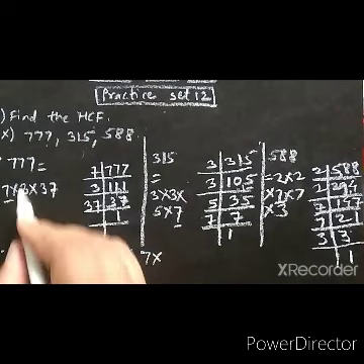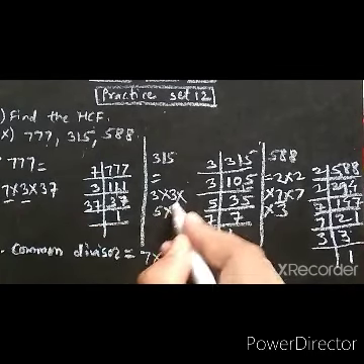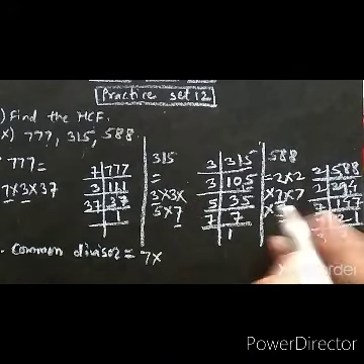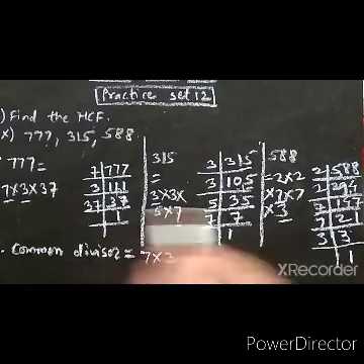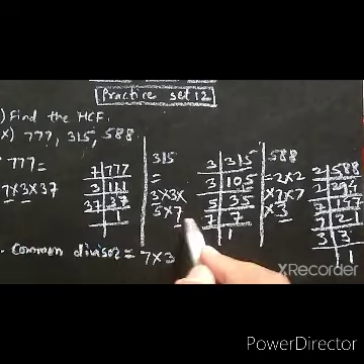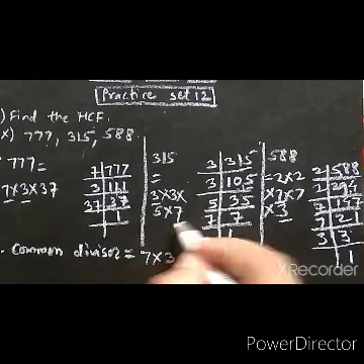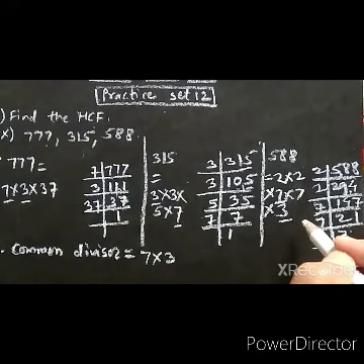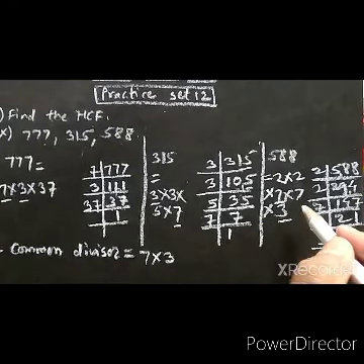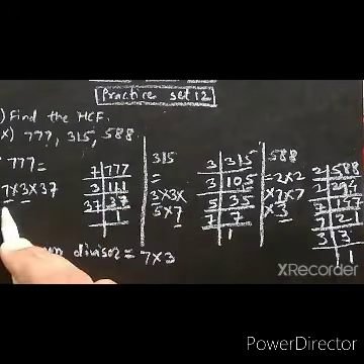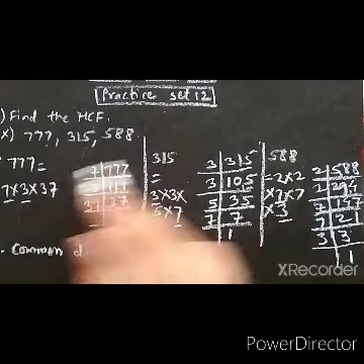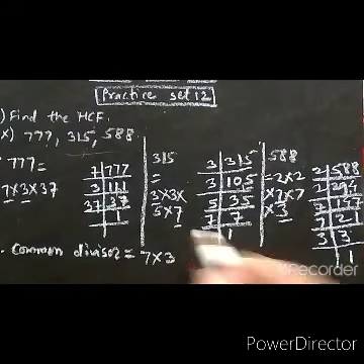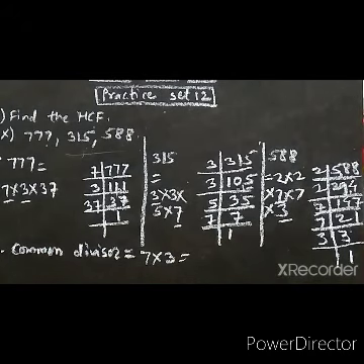Now 3 is common. Here 37 is there. In 315, 37 is not there. Even in 588, 37 is not there. Therefore, we can't take it. So only two numbers are common from these three numbers. Therefore, 7 into 3, that is we got 21. 7 3s are 21.